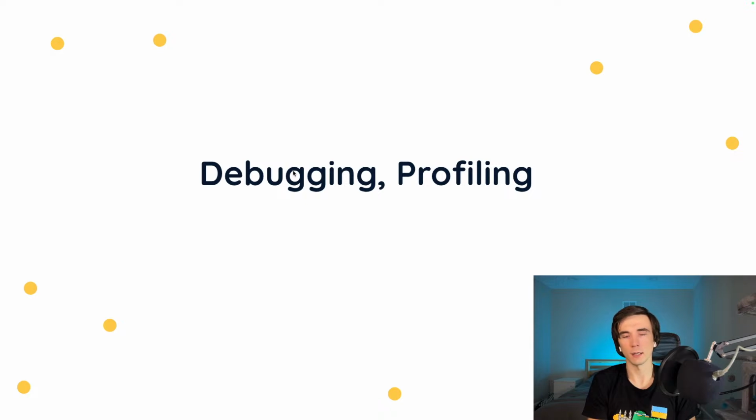For debugging I used IntelliJ IDEA, an IDE for Java, and for profiling, JProfiler. So we will go step by step through what I was trying to do and what the end result was.